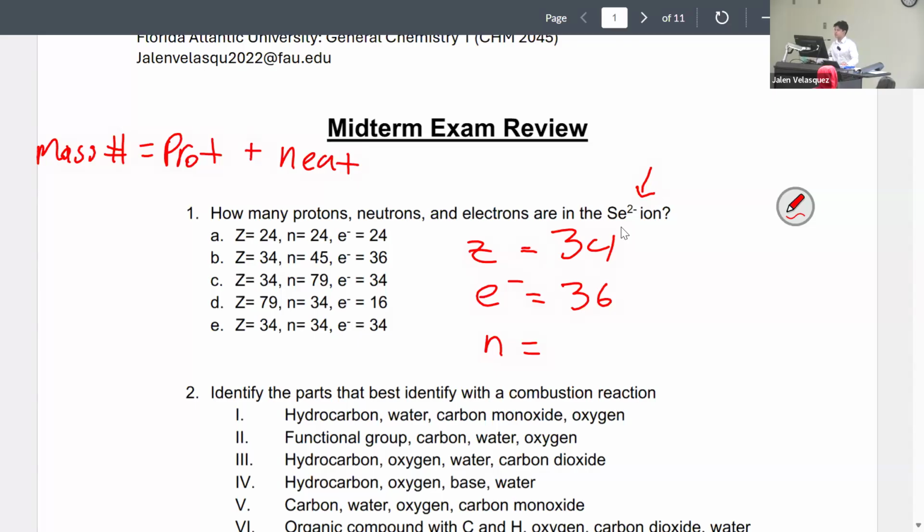So on the periodic table for selenium, you have the mass number, you have the protons, you can subtract to find the neutrons, right? So the mass number is 79 minus 34 protons gets you 45 neutrons.